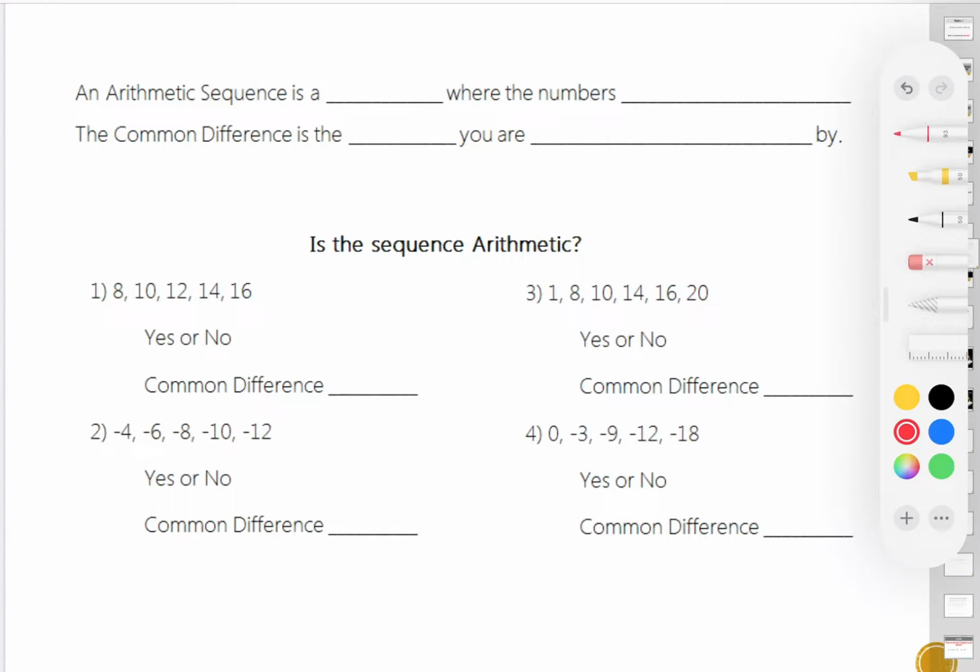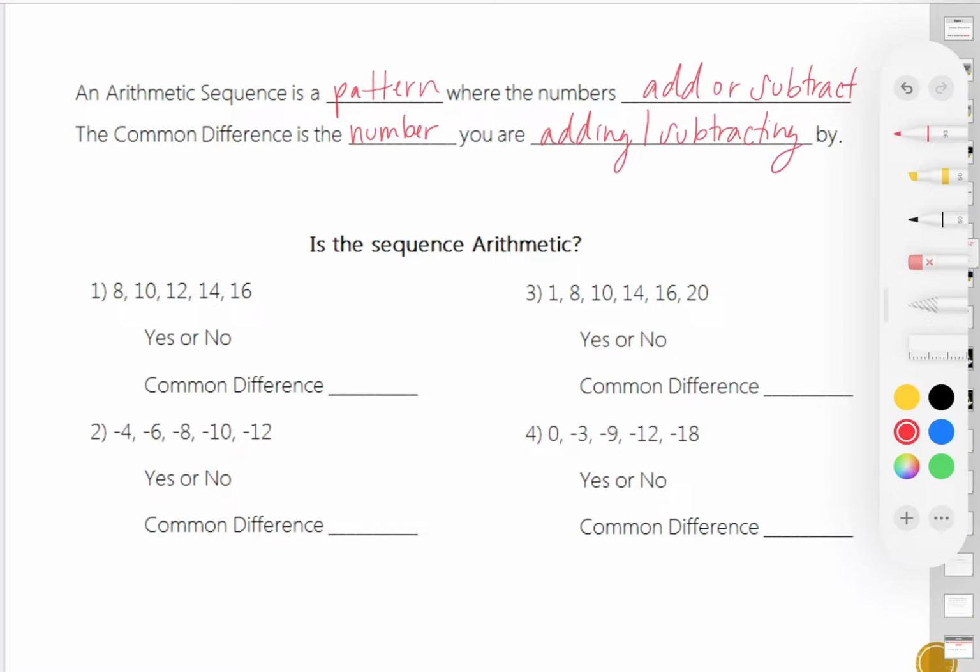So arithmetic just means that we have a sequence that is a pattern where the numbers add or subtract. The common difference is the number you are adding or subtracting by.